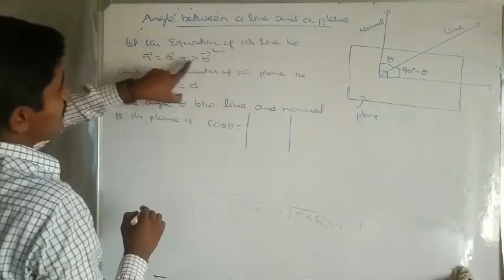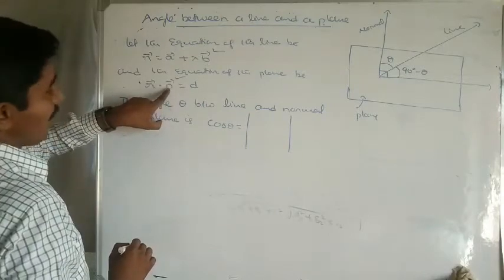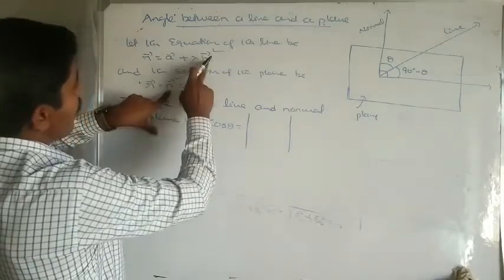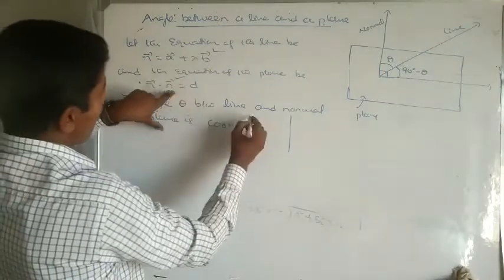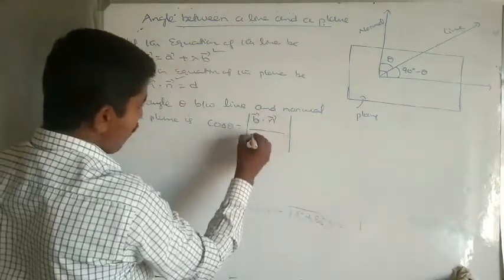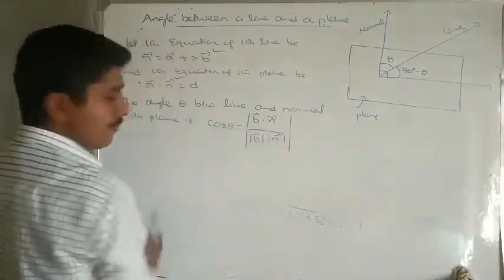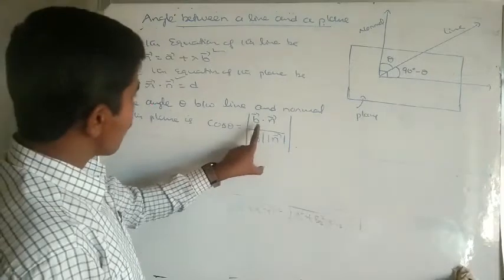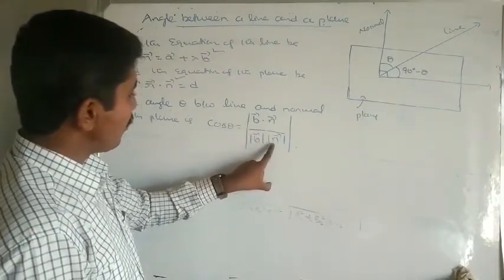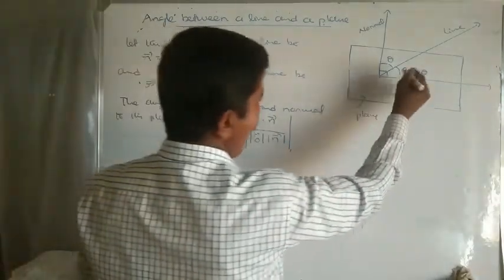This line is parallel to vector b, and vector n is the normal vector perpendicular to the plane. So cos theta is equal to modulus of vector b dot vector n divided by magnitude of vector b into magnitude of vector n. I am going to find this term mainly.